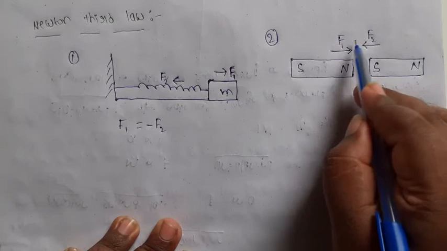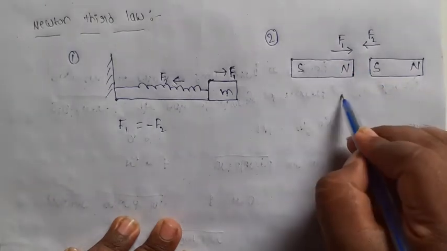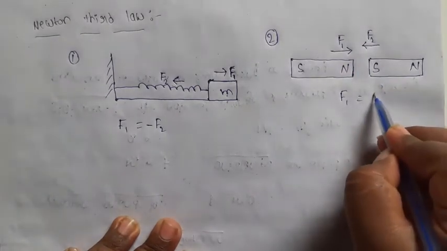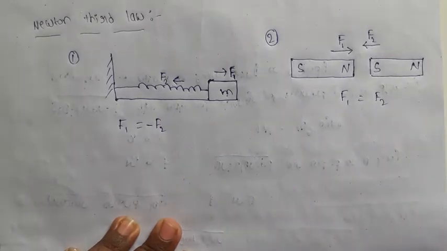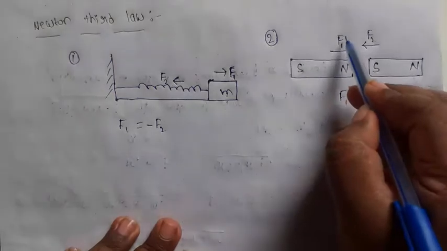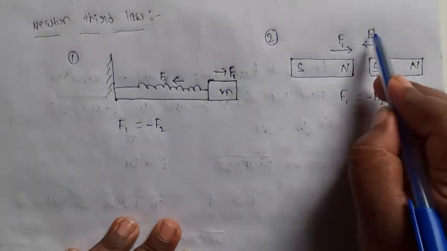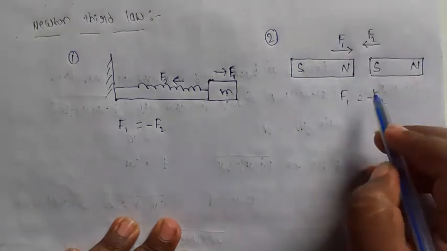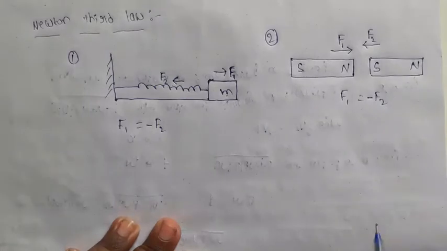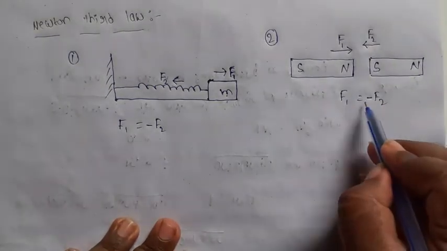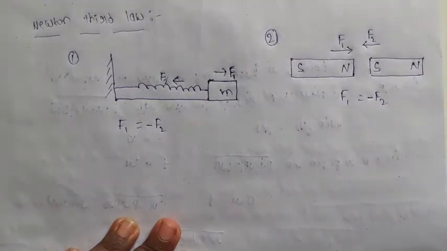Here the magnitudes of both forces are equal, but they act in opposite directions, which is indicated with the help of a negative sign. Okay, so F1 equal to minus F2.